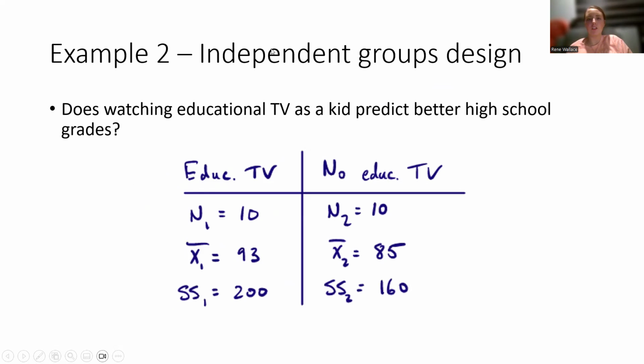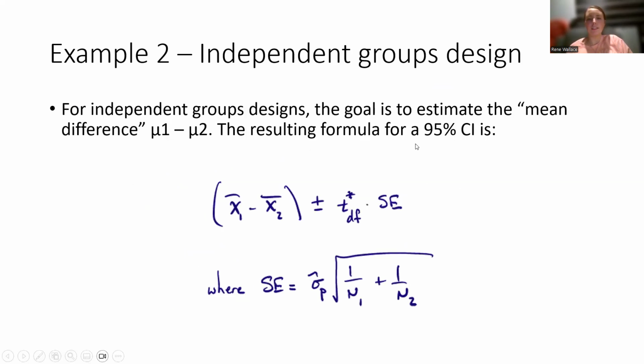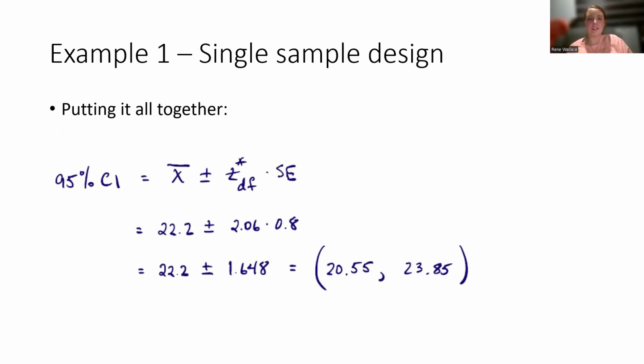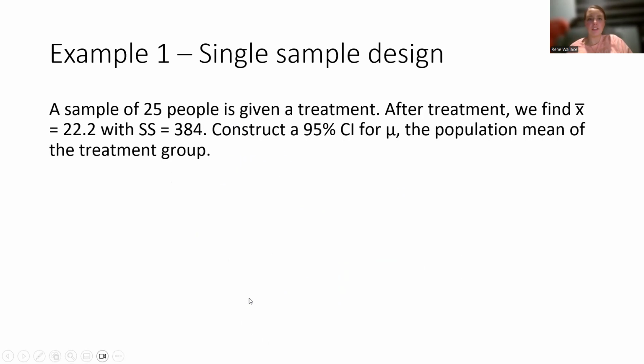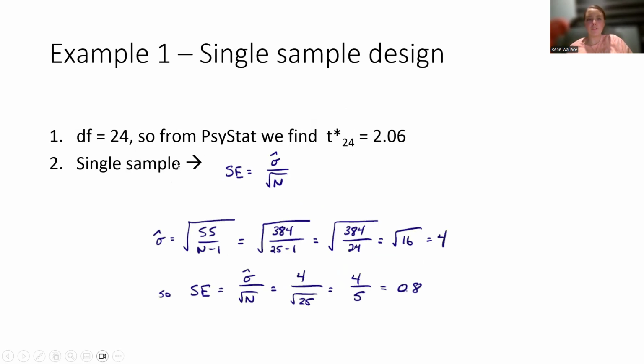So hang in there. I know that was a big formula, and I'm sorry, let me go back a few minutes just to clarify that this is N1 and N2, not mu. I know that I made a mistake on that a couple of slides ago, and I'm sorry that N's and mu's look so similar, but this is N. Let me see what else I said. Let's see, this is a sample of 25 people.